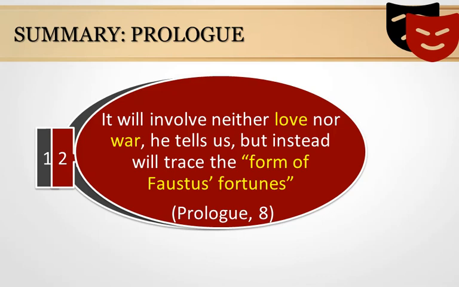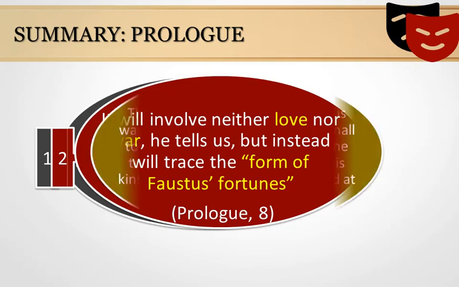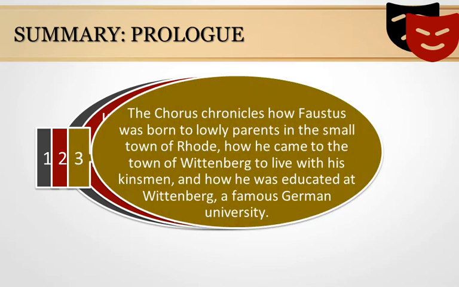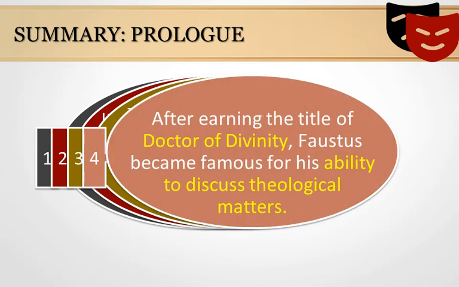Later, the chorus chronicles how Faustus was born to lowly parents in the small town of Rhodes, how he came to the town of Wittenberg to live with his kinsman, and how he was educated at Wittenberg, a famous German university. However, after earning the title of Doctor of Divinity, Faustus became famous for his ability to discuss theological matters.